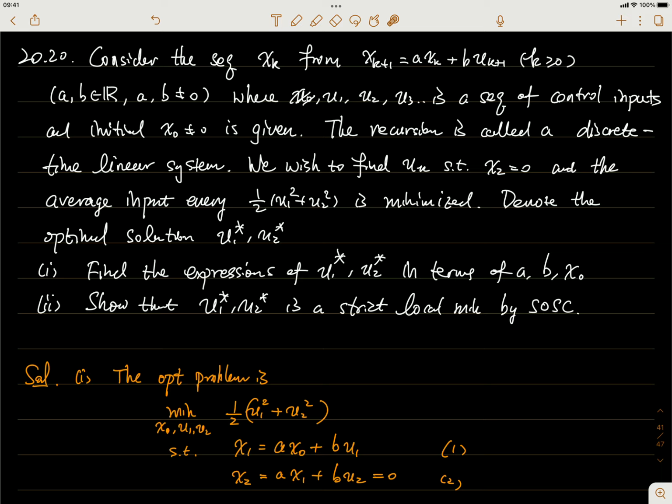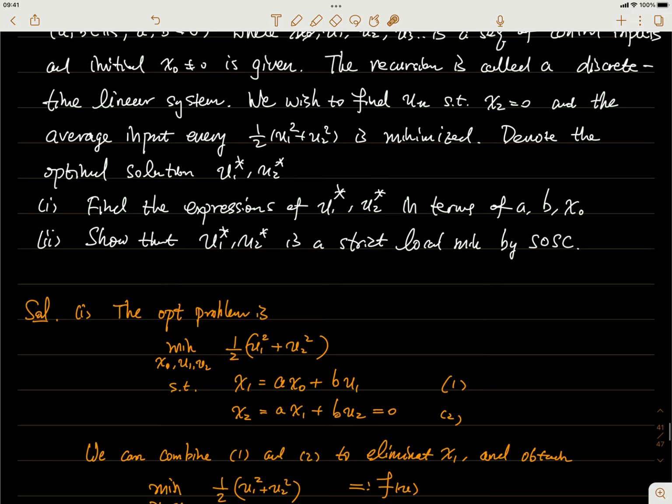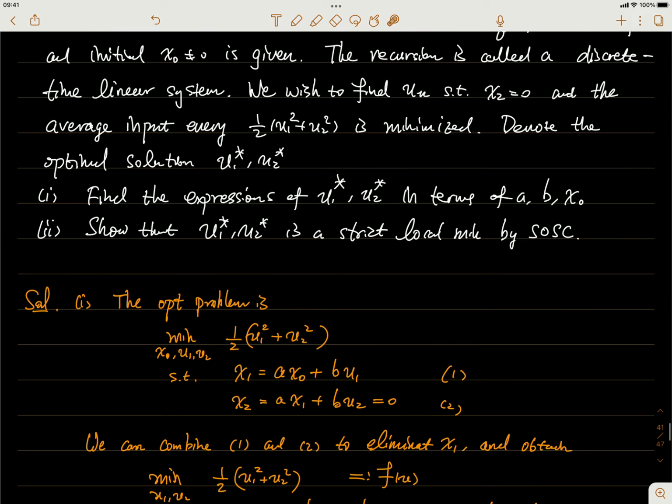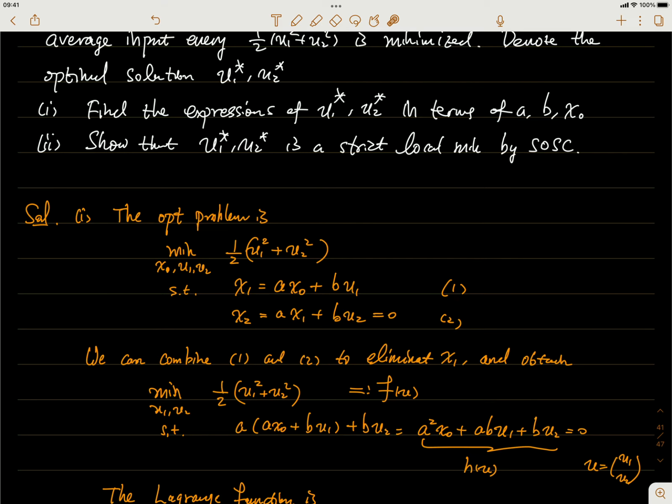So this is the objective function we're trying to minimize, and we want to form this as a constrained optimization problem and write down the solution. That's the first question. The second question is to show that the solution we got is actually a strict local minimizer using the second order sufficient condition. For the first question, the optimization problem is pretty easy to formulate.